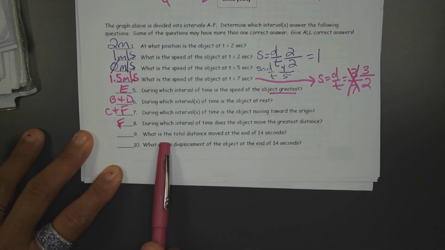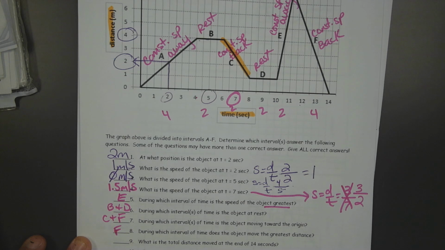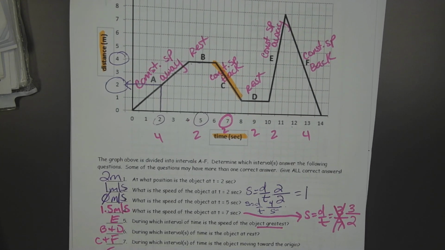Number 9, what is the total distance moved at the end of 14 seconds? Oh, I like that one. Now, if they asked you what the total displacement was, that would be 0. But they asked you total distance, so you had to add each of these lines up to see the total distance.